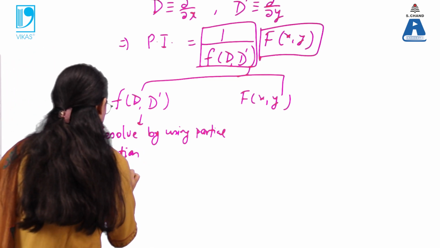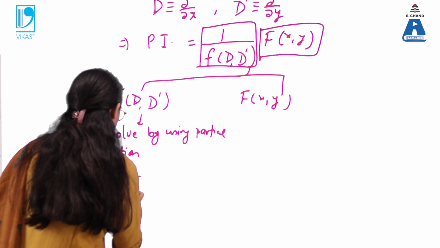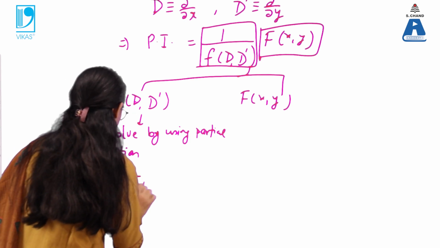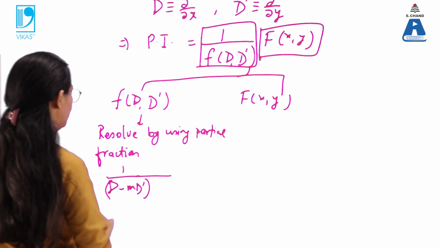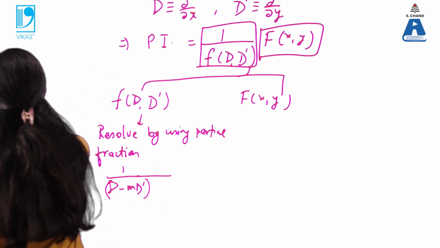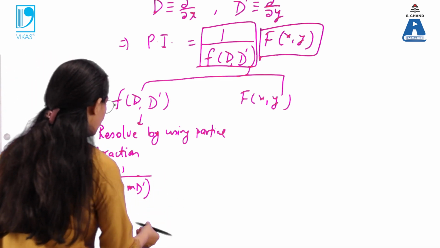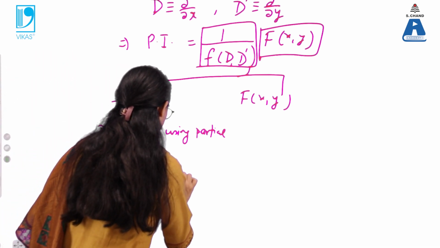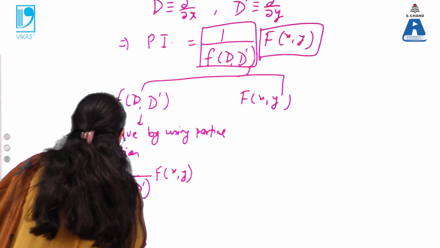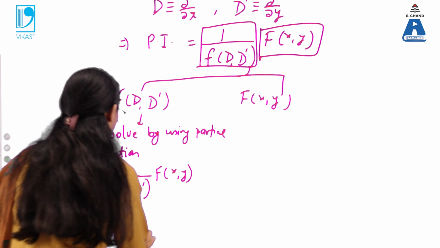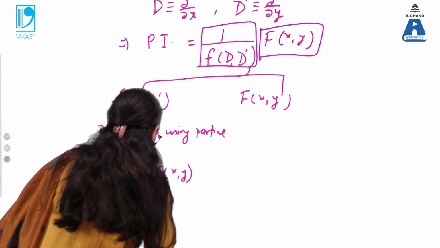Let us say we have 1 over D minus mD', and since it is a second order differential equation, one part of the partial fraction is this, acting on f(x, y). The solution for this will be written as the integration of f(x, y).